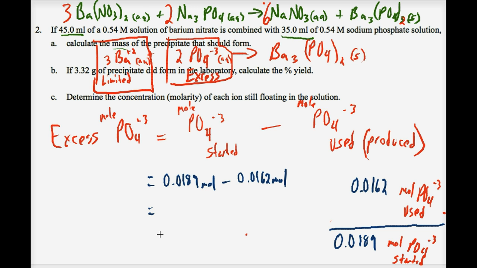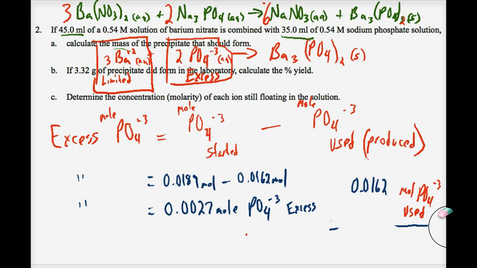And when we do the math on that, we're going to equal 0.0027 mole of PO4 3-. Dot, dot, dot, dot to bring down the excess. Okay. So that's how much we have left. Okay, that's how much is in excess.